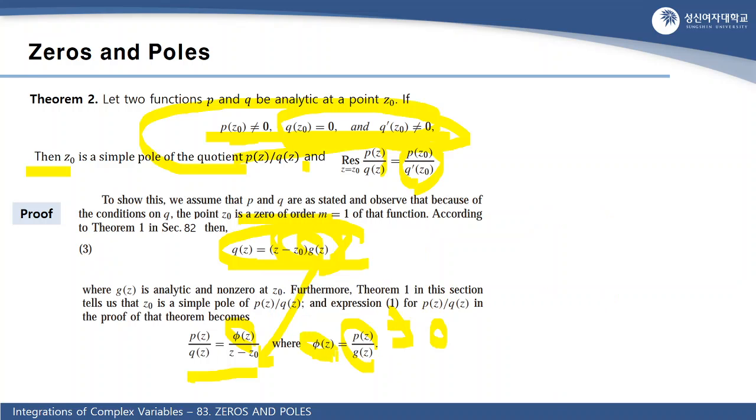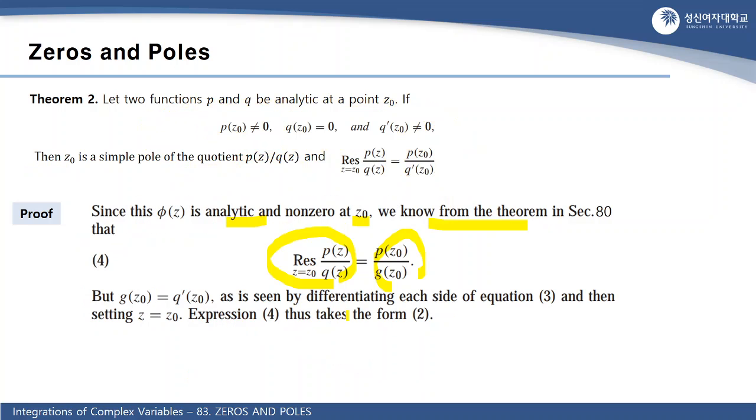Here pi of z naught is equal to P of z naught divided by g of z naught, but g of z naught is equal to Q prime z naught.